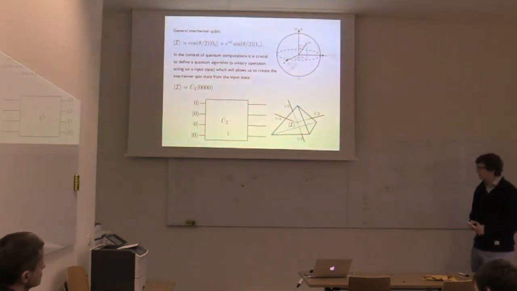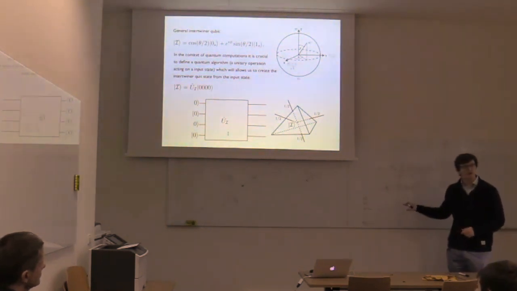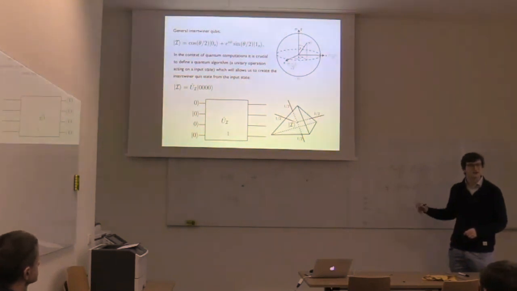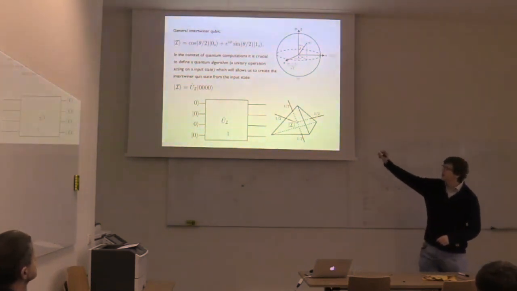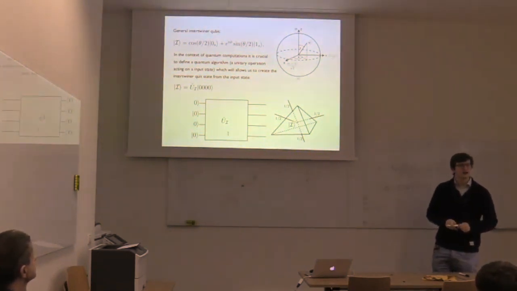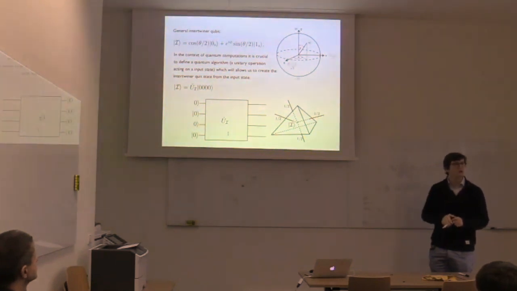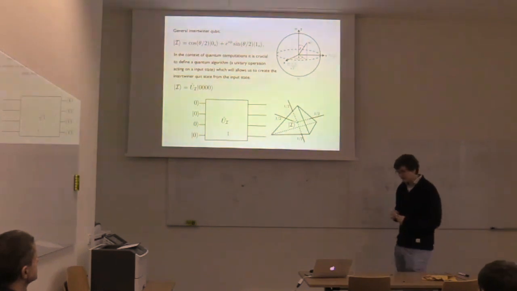So the first quantum circuit that I'm going to introduce now is a circuit which generates an intertwiner qubit out of 4 elementary qubits.